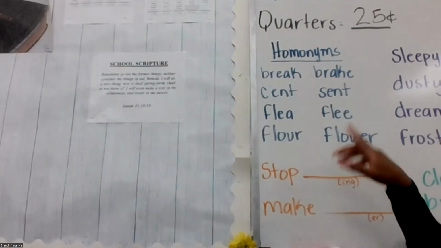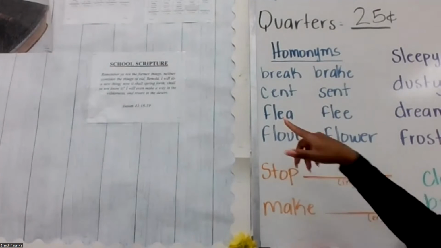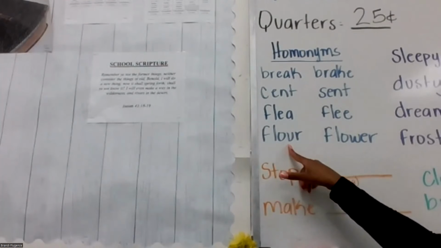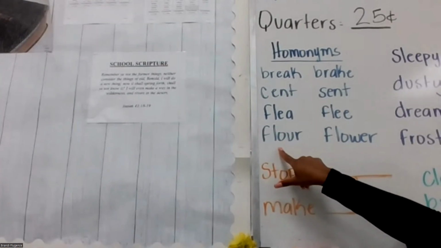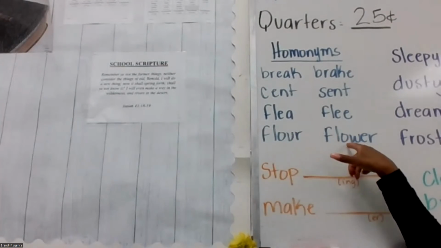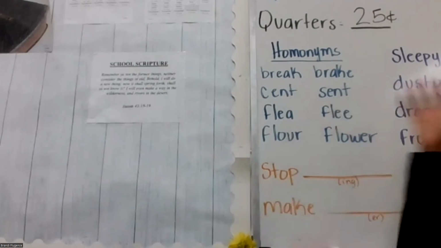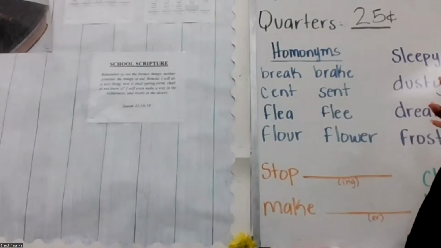Then we have flea and flee, like the fleas that get on animals, and flee like when Joseph and Mary and baby Jesus had to flee Israel and go to Egypt. Then we have flour and flower, flour that we bake with, and flower like the tulips in the Netherlands. So these are more examples of homonyms, words that sound just alike but are spelled differently and mean different things.